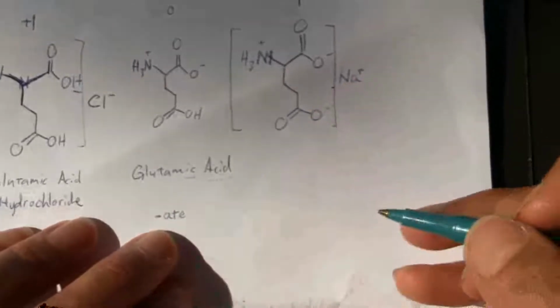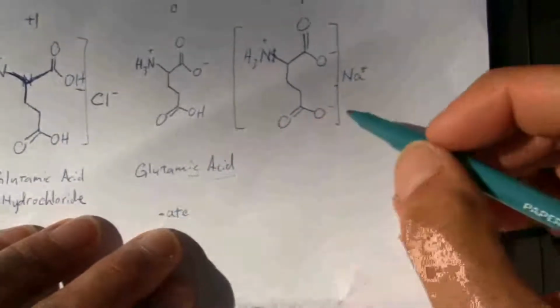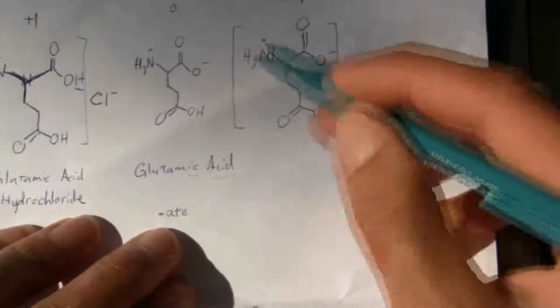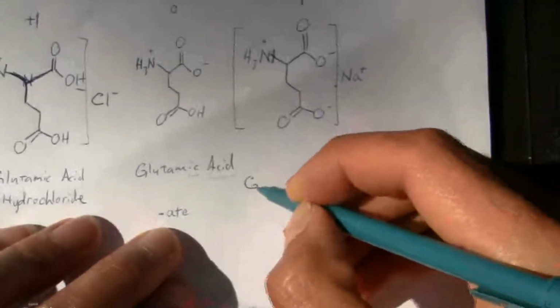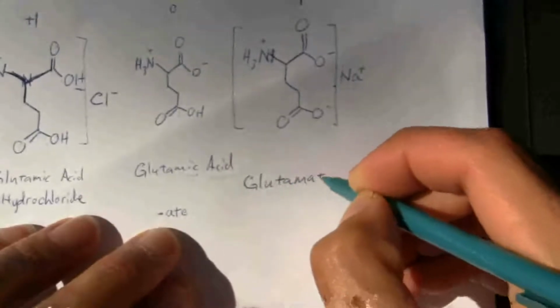So we see the same sort of naming convention here. Looking at the other way, removing that hydrogen, here's our ATE ion, and so this is what we would call glutamate.